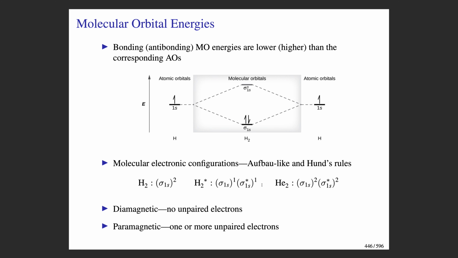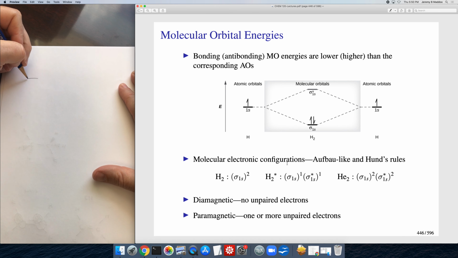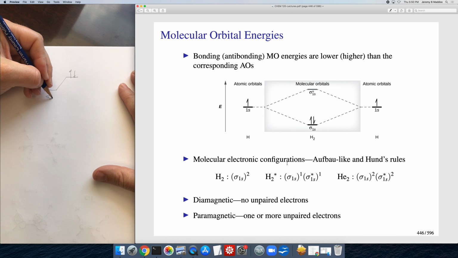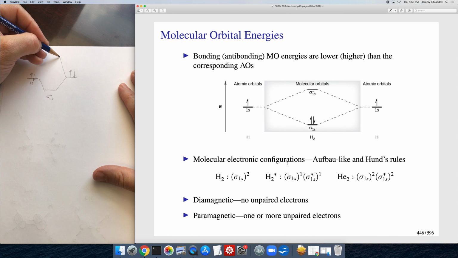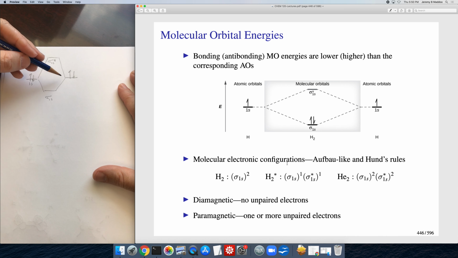Or if you were to consider helium, right? Helium, if we were to modify this diagram, the electronic structure for helium would look like this. You would have 2 electrons in each atom. You would still have the sigma 1s bonding orbital, and up here you would have the sigma 1s star. Now we've got 4 electrons: 1, 2, 3, 4.